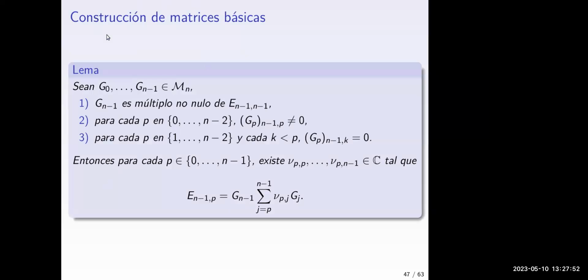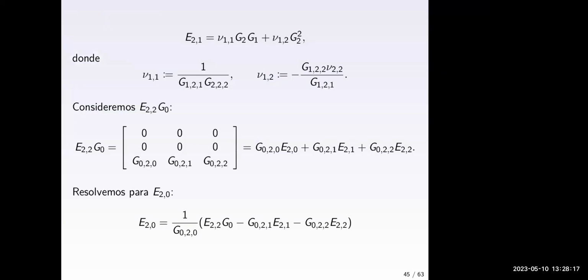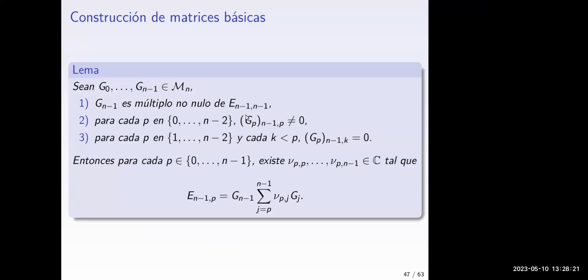So we have this general result where we say that the basic matrices can be written in terms of the generators. You can see that this last example is just the way to prove this lemma.